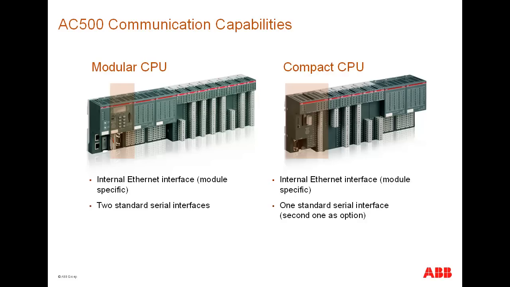COM2 is an optional feature in compact CPUs. However, the modular CPUs come with a built-in Ethernet interface, two COM ports, namely COM1 and COM2, and one FBP interface, or in other words Fieldbus plug. There is a good possibility of adding additional communication modules in the modular CPUs to have more networks in the PLC system.